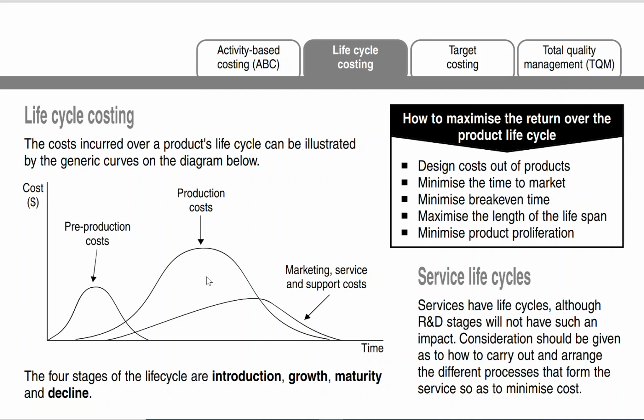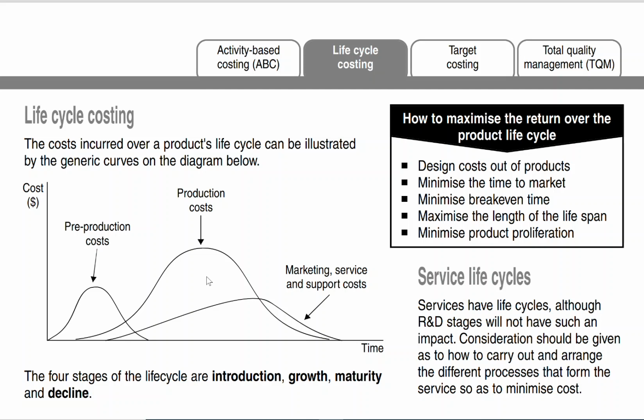Then comes the growth stage. Growth stage is when people recognize the product and start buying it. The economy of scale increases, and because of that, you start making profits. New competitors come into the market. They realize that there's a product in which they can make profit. You open branches, and you receive feedback from your customers.